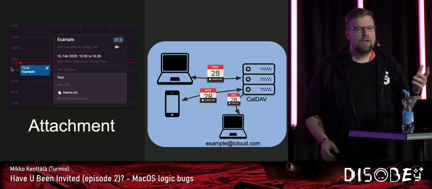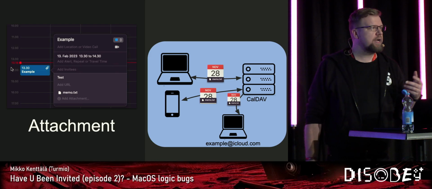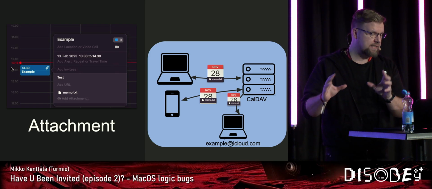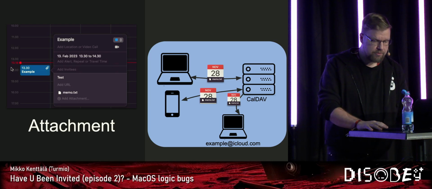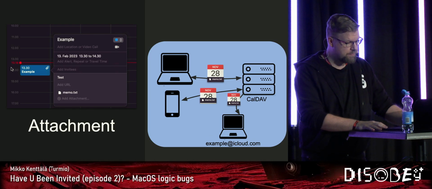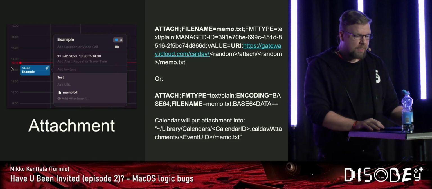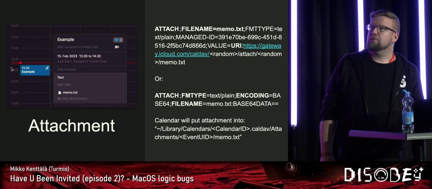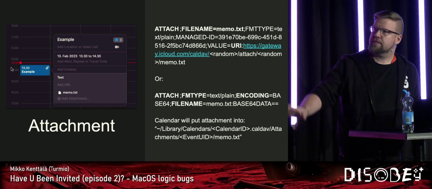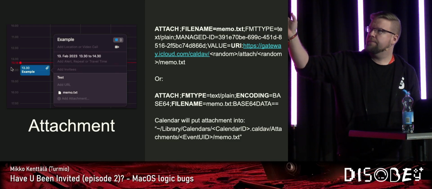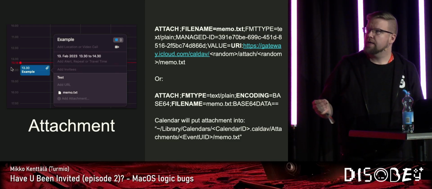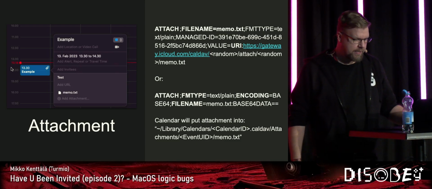So if you invite someone to your event and you add an attachment to the calendar event, it will also be propagated to the other participants of that event. Under the hood, the attachment looks something like this. There's an attachment section, nothing specific, file name included, and so on. I think you guys get the idea.